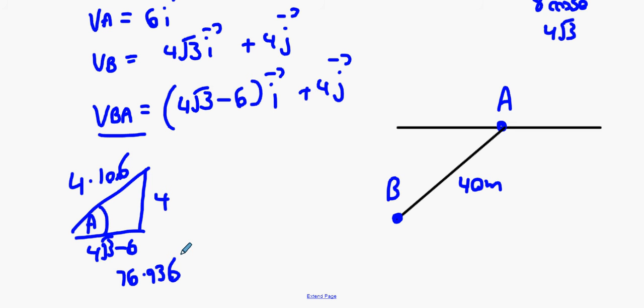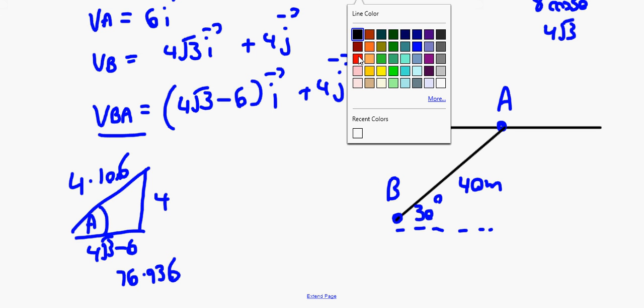Now think about it. We know this angle's 30, don't we? Do you agree that's 30? What angle is B moving relative to A? So what does that mean? I can just angle this up, can't I? I'll use a different colour. I can just angle this up at what angle?